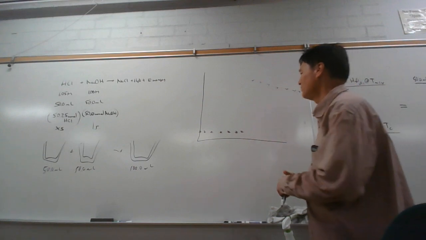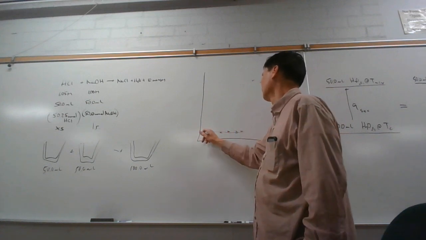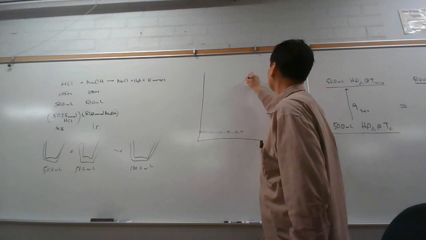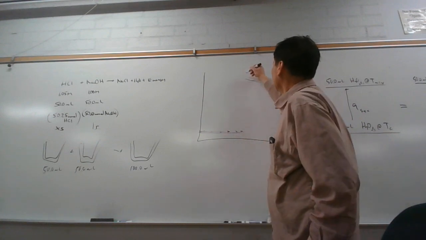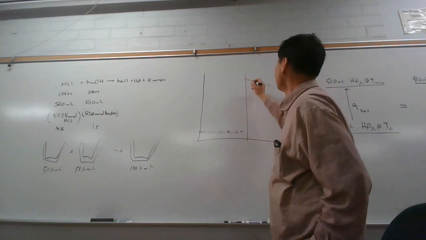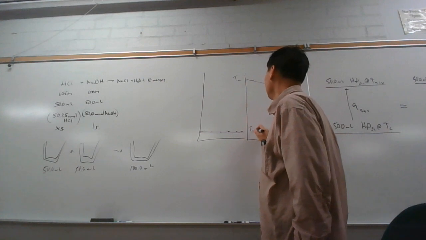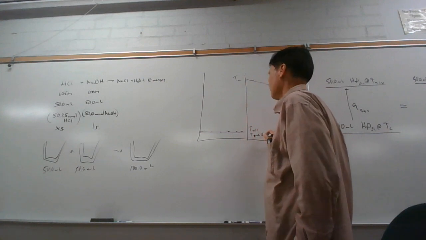And so we do the same thing here. We're going to get the temperatures at 6 minutes. And so we'll solve the equations. We're going to get T mix, and the T of the HCl, and the T of the NaOH.